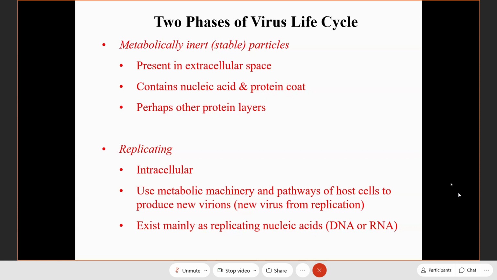So what happened to the capsid and envelope? The virus attached to the plasma membrane, so the virus envelope becomes a part of the infected cell plasma membrane. Okay?